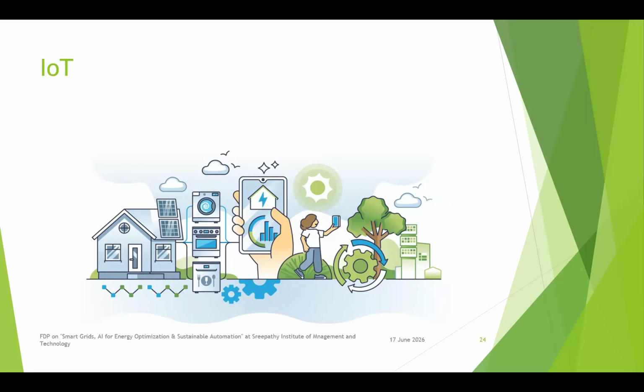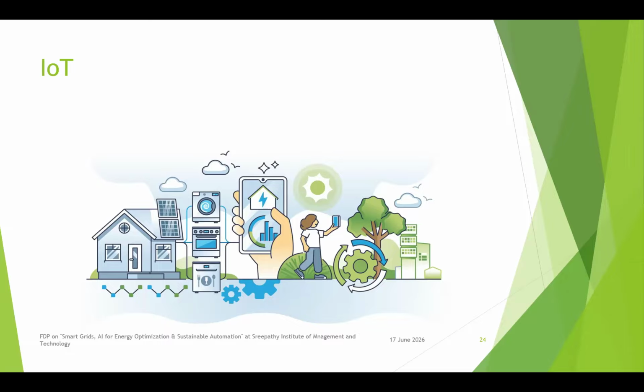Then the IoT devices. This is the smart device. You can see data from the distribution center, meaning the consumer section, using mobiles or a mobile app.